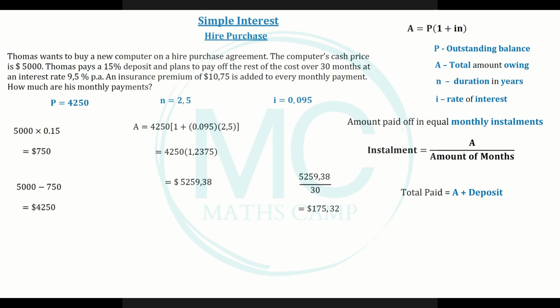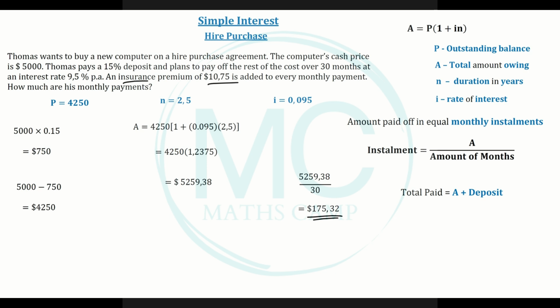And now we're almost finished. We have a monthly installment, but the question tells us that the store charges Thomas an insurance premium of $10.75 for each monthly installment. So we have to add these values together.